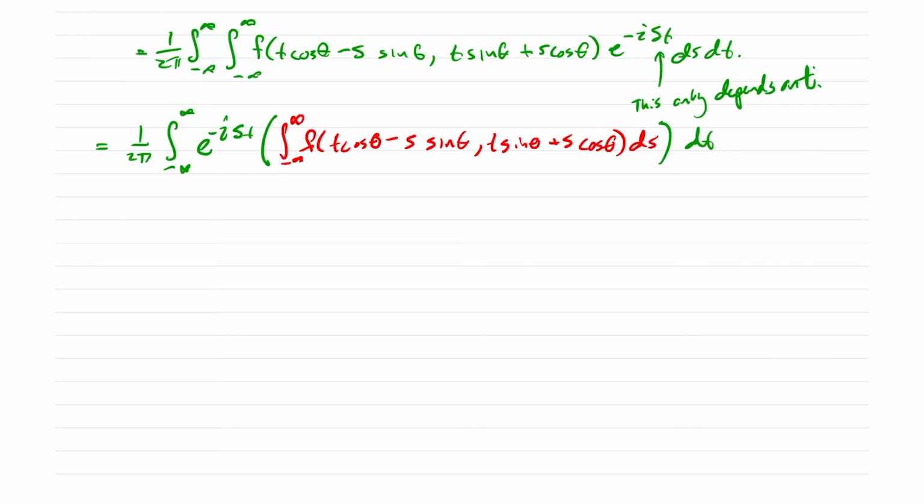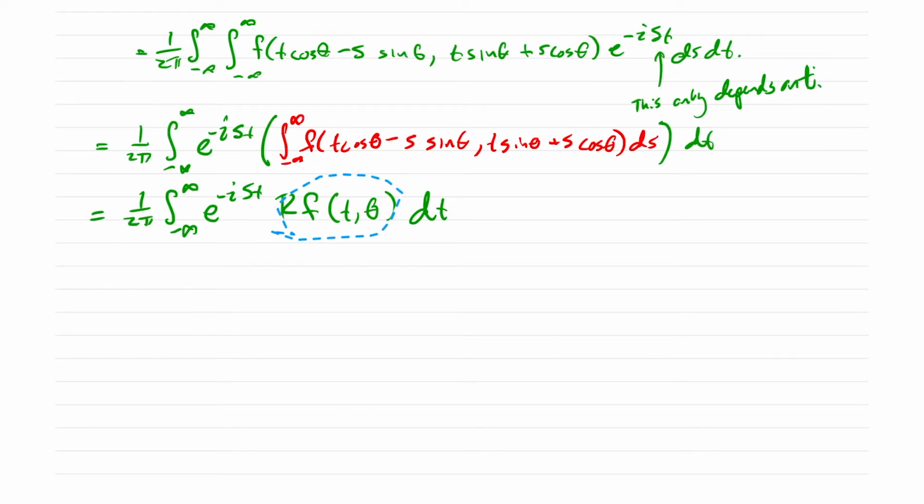So this is equal to 1 over 2 pi times the integral from minus infinity to infinity of e to the minus i s t times the Radon transform of f at t comma theta, and this integral dt.